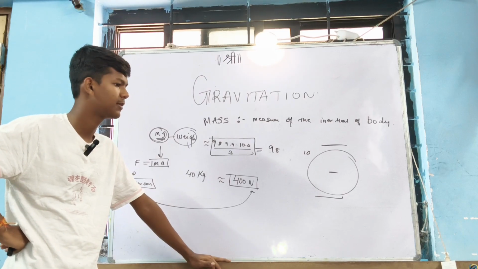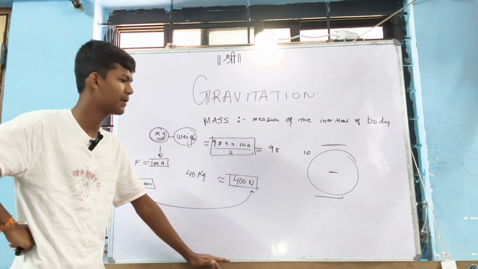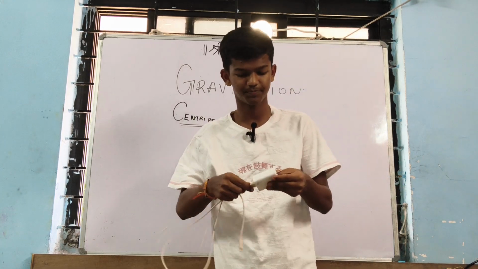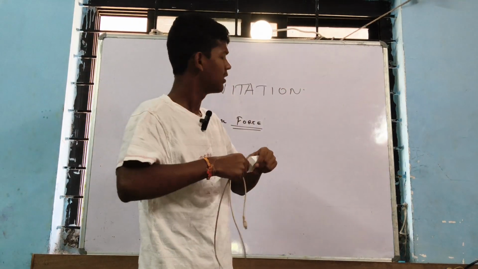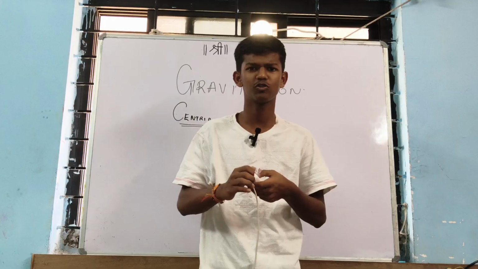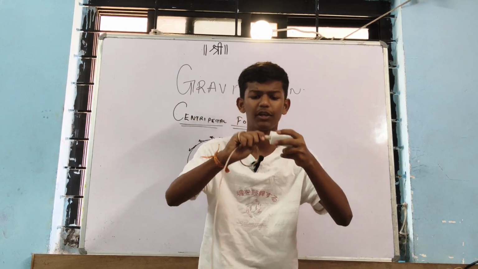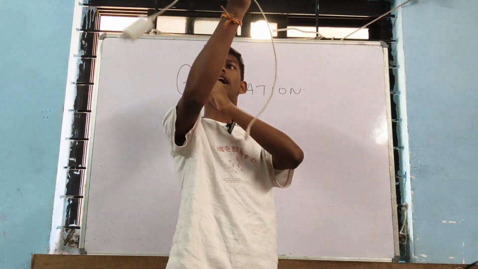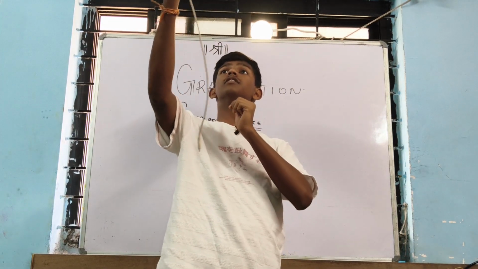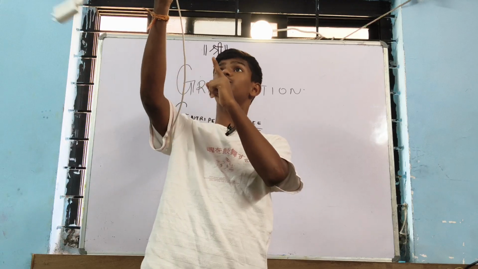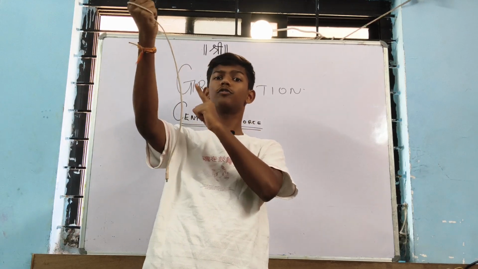Okay, so now we are going to see the centripetal force. So see, if this is an object and I keep it in a circular path, this force is known as centripetal force.